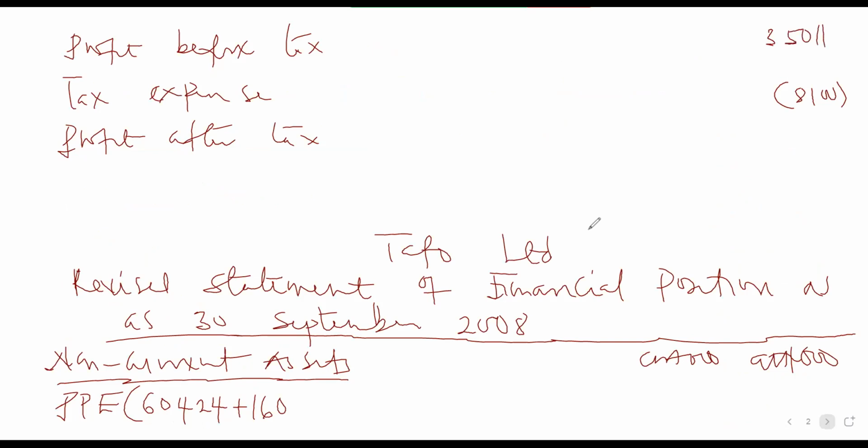So what is our tax expense? We have gotten the tax expense, so profit after tax is what? We have 26,911. This is our profit after tax. We don't have any other comprehensive income item. So this profit after tax will be sent to retained earnings, isn't it?